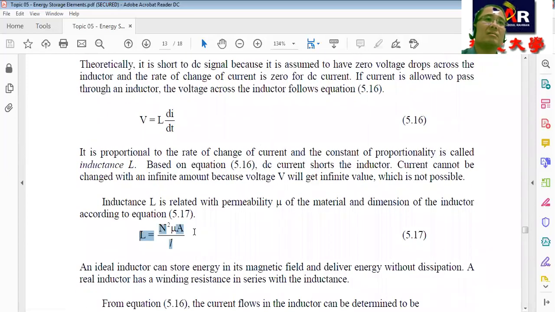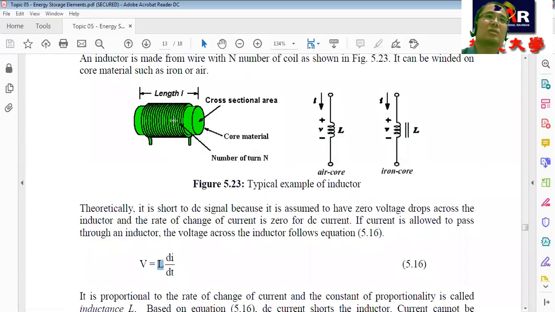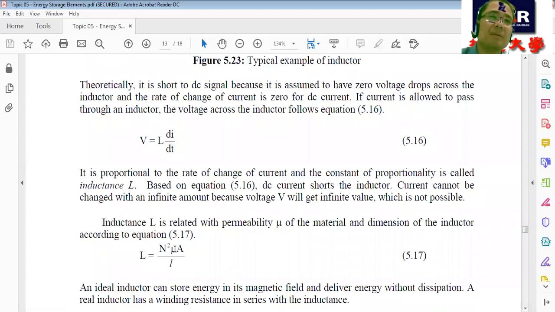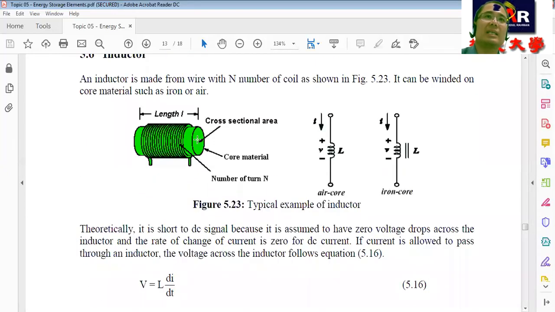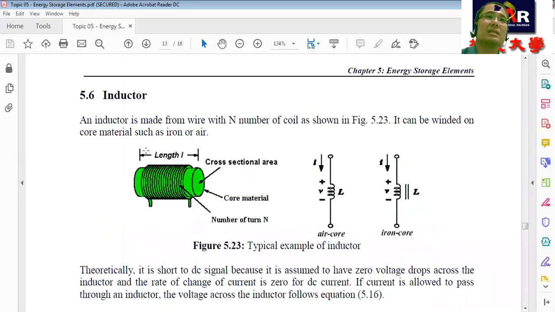L is given by n squared, where n is the number of turns, times mu, the permeability, times A, the area, divided by the length, which is this part.